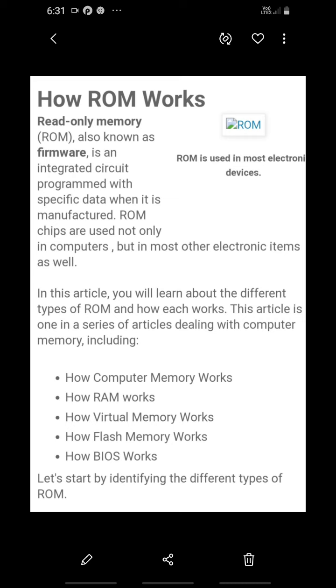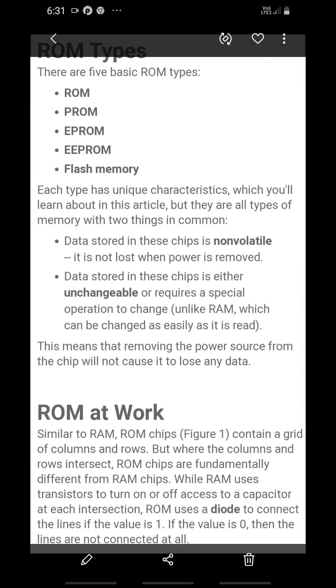Let's start by identifying the different types of ROM. ROMs are classified into 5 basic types: ROM, PROM, EPROM, EEPROM, and flash memory.